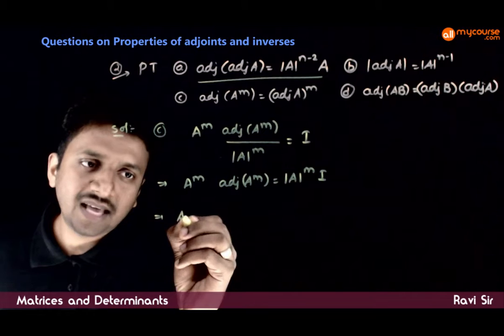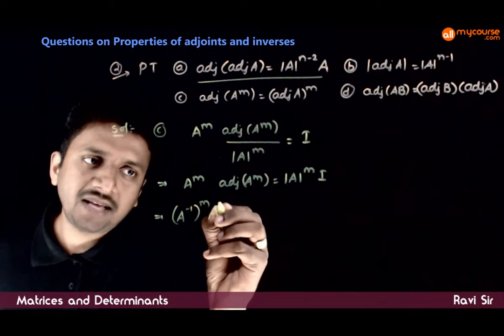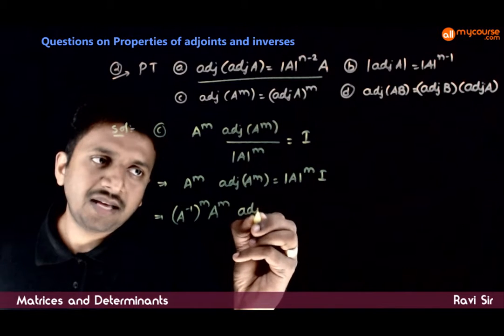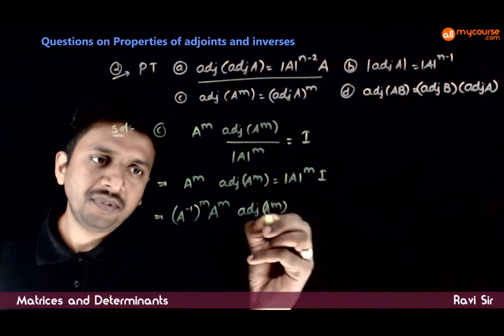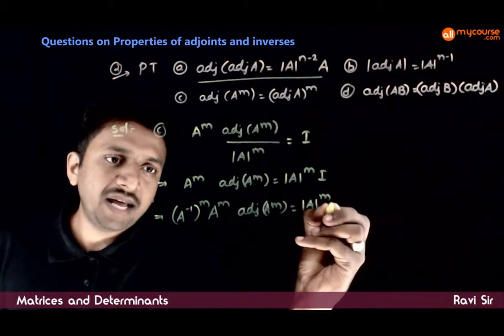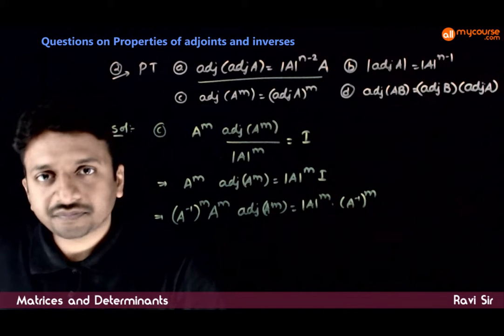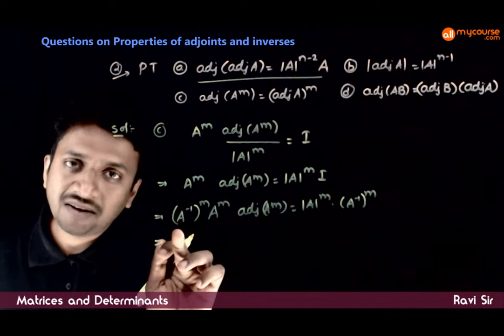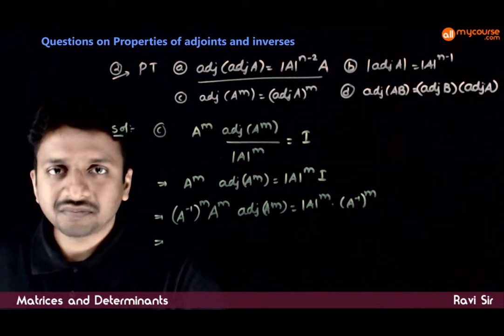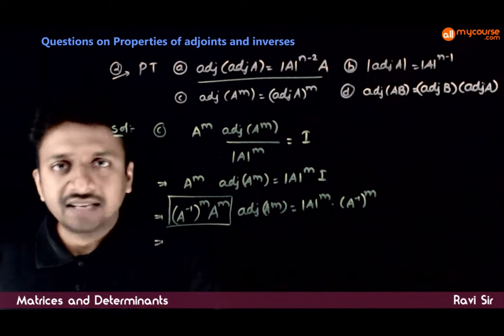So (A inverse) to the power m times A to the power m times adjoint of A to the power m is equal to (det A) to the power m times (A inverse) to the power m. The m inverses will cancel out, so you get I.